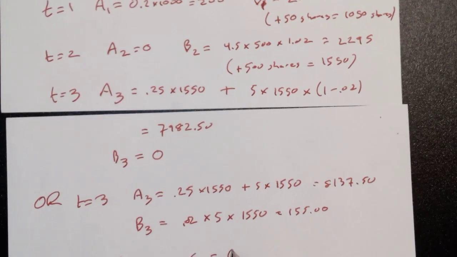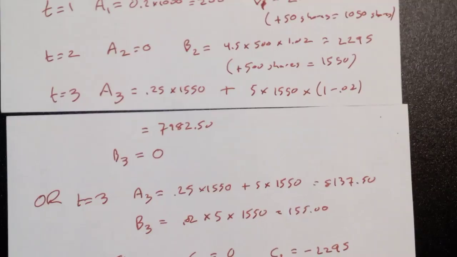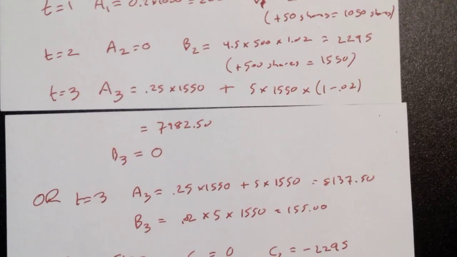Exactly. Because all the money that came in went right back out. At time two, negative 2,295, and at time three, 7,982.5.